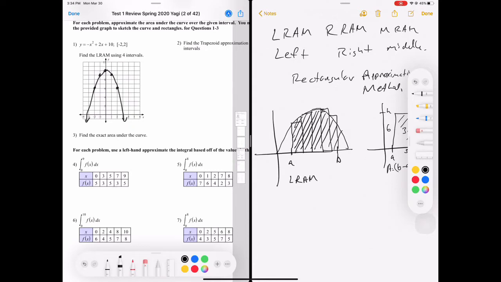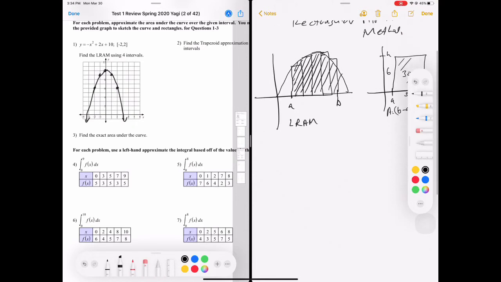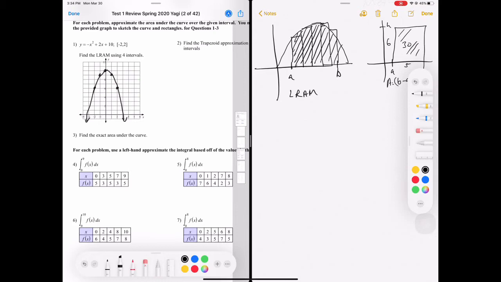Now, how did I get LRAM? Why did I choose the points I chose? Let me go ahead and zoom in a little bit. So if I give you guys the same idea, we'll pick 1, 2, 3, 4 spacings.